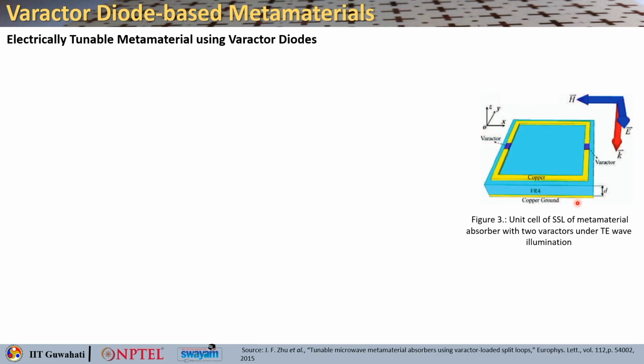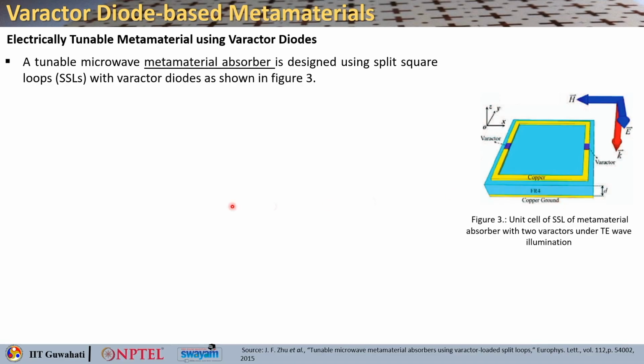Now let us move into the next application, that is varactor diode based metamaterials. Here we are discussing electrically tunable metamaterials which are based on varactor diodes. We will take an example, which is a tunable microwave metamaterial absorber designed using split square loops.